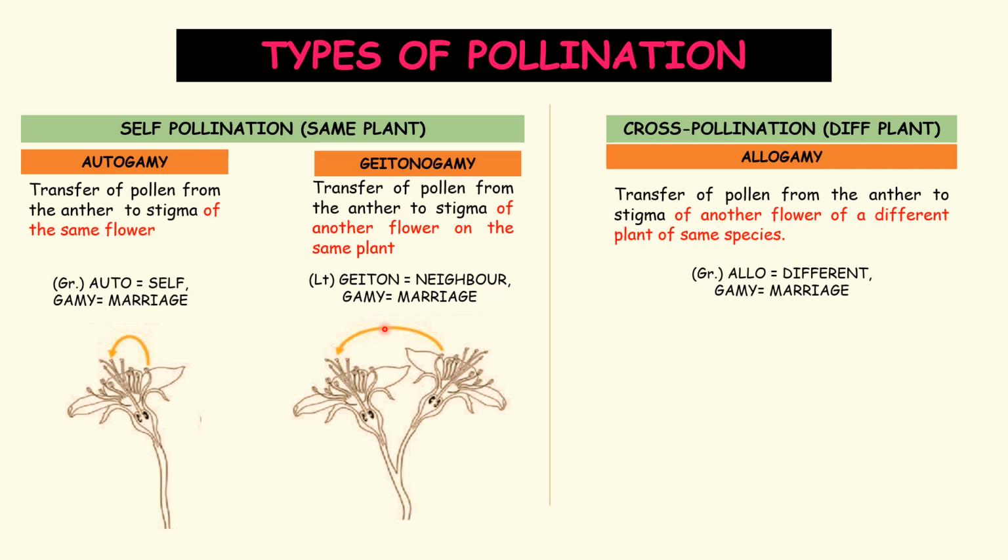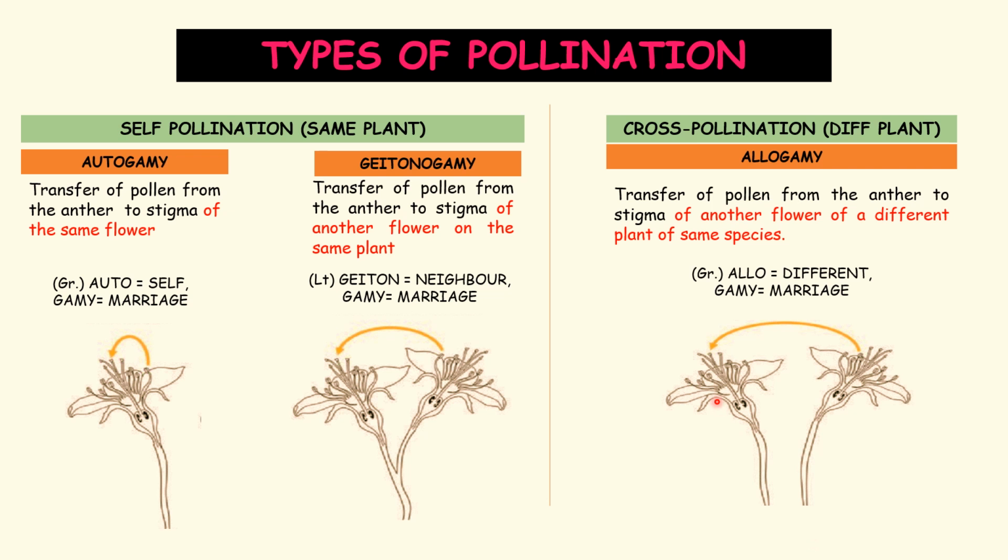So here the transfer of pollen happens from anther to stigma of another flower of a different plant, but of the same species, which means that there are two different plants which have two different flowers, but these plants are of the same species, and here the pollen is transferred from the anther of one plant to the stigma of another flower in a different plant of the same species.